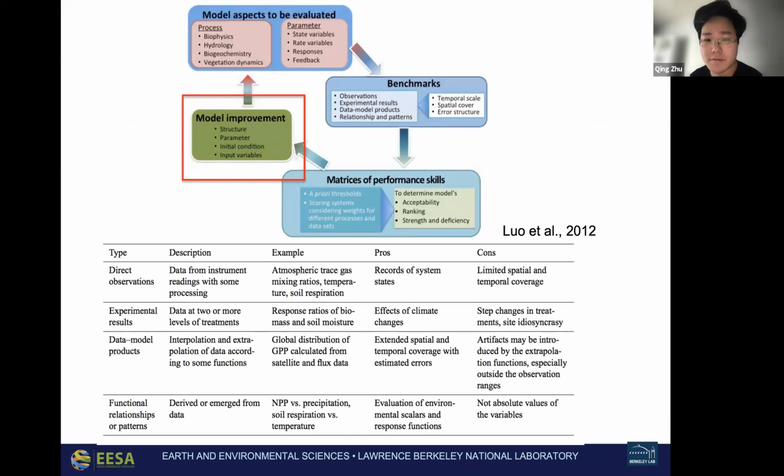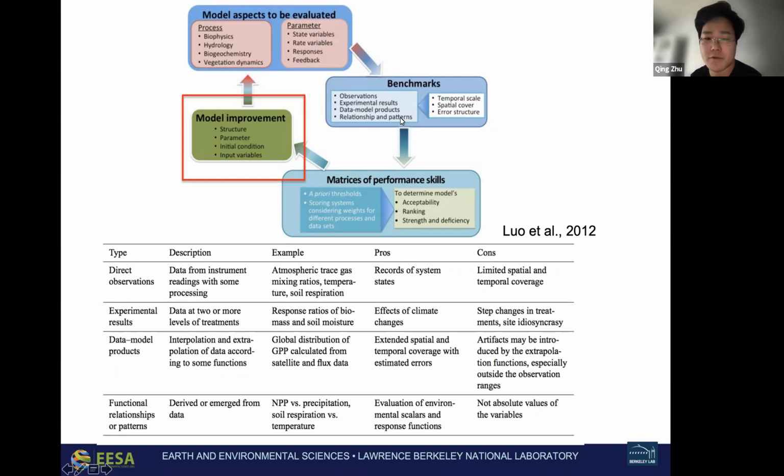So I wanted to start with this conceptual framework. We start from the process-based model that codes those detailed biogeochemical processes and hydrological processes, and then normally we have some critical parameters, and we adjust those parameters to make sure, at least during a historical condition, that we are matching those benchmarks, those observations or perturbation experiments.